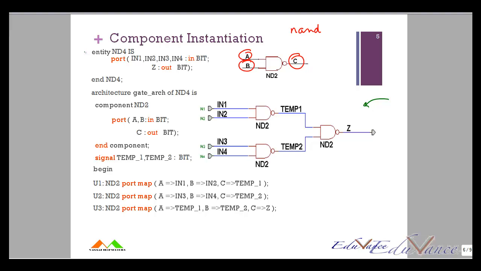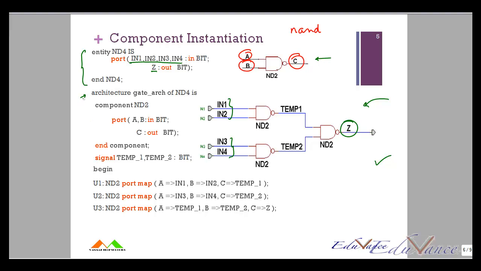I would first write the entity of the larger design. So this is the larger design with 4 inputs, in1, in2, in3, in4, and output Z. So this defines the larger design, and after I write the architecture, I would call in the component that was the NAND gate.